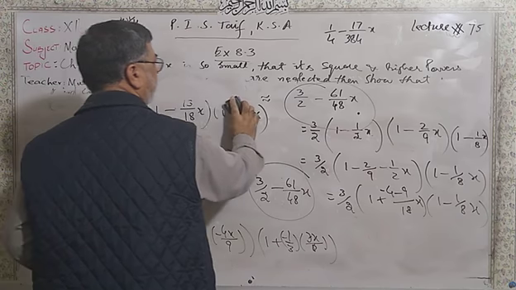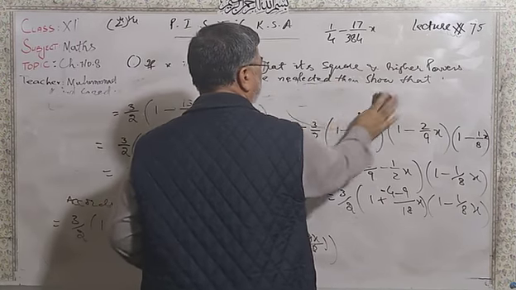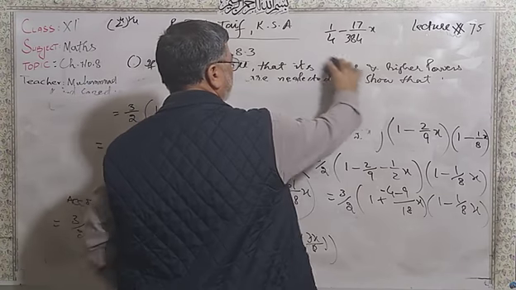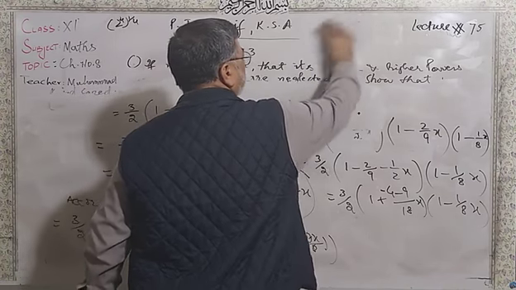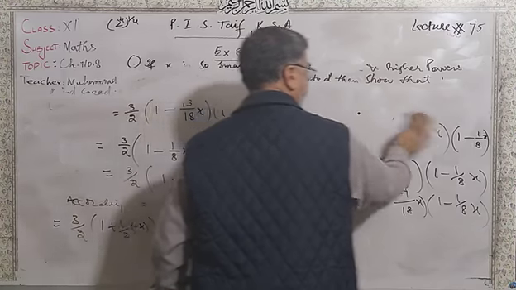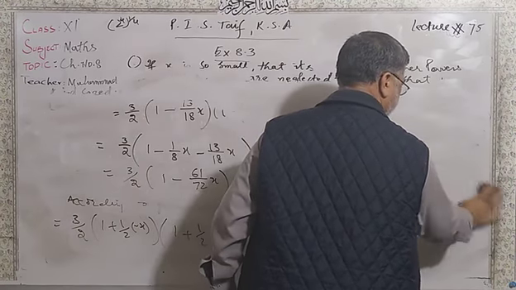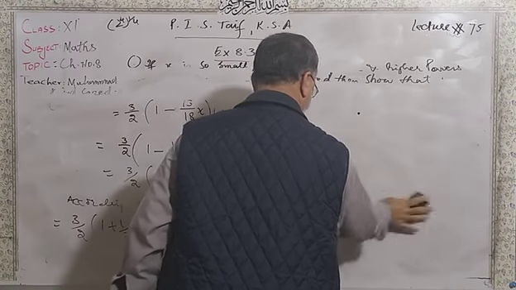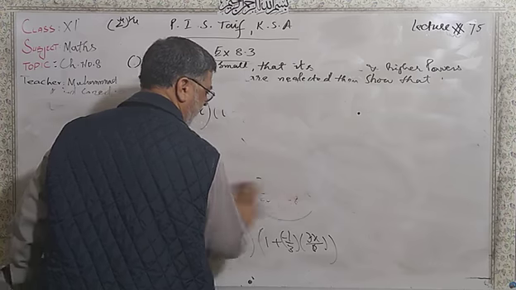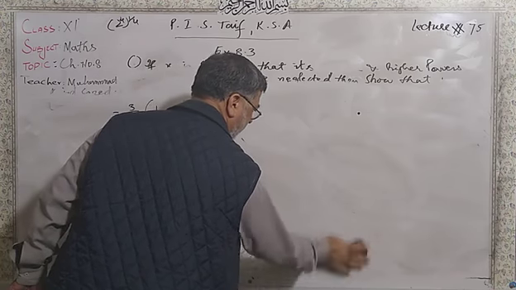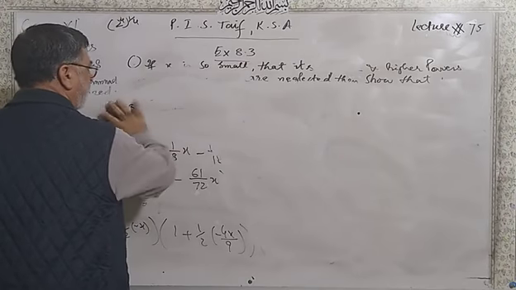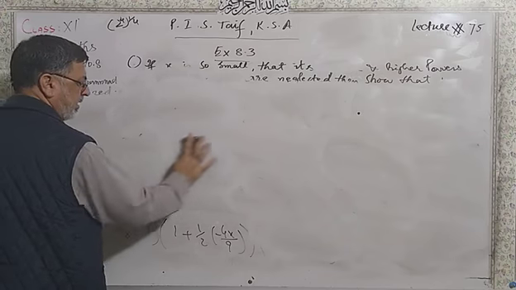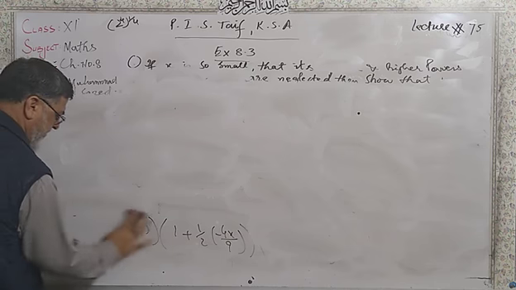If x is so small that cubes and higher powers are neglected, x square will be the part of your solution set, your right hand side. So we will neglect the terms involving x cube and higher powers.